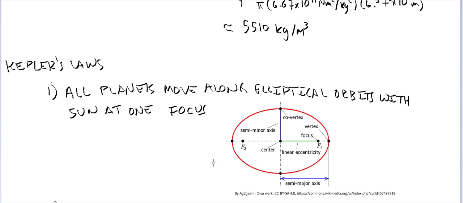So Kepler's first law is that all planetary orbits are ellipses with the sun at one focus. And so we could put the sun right here, right?